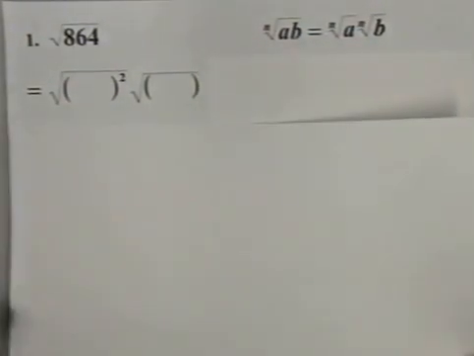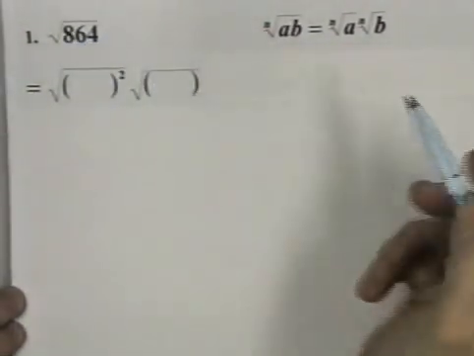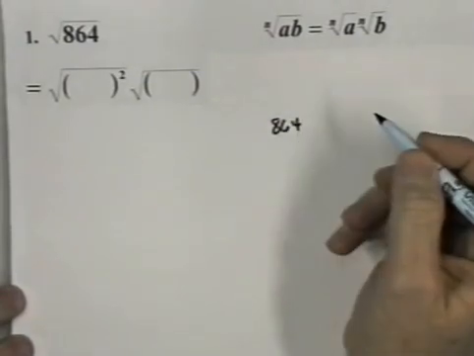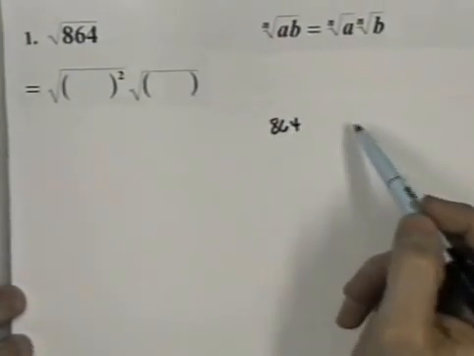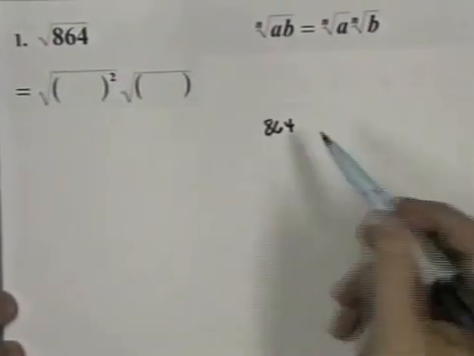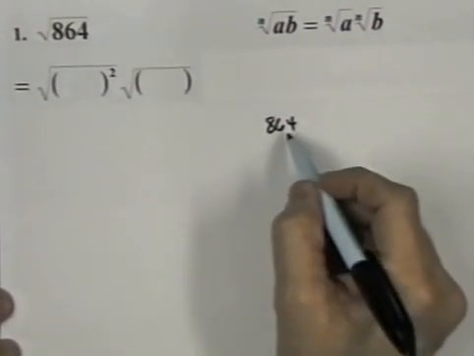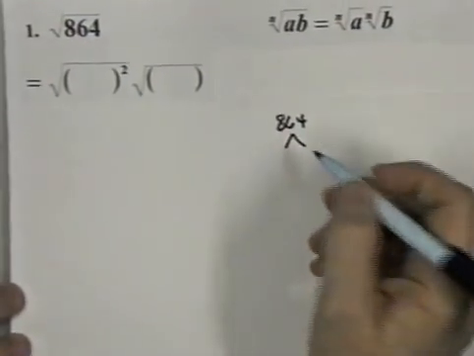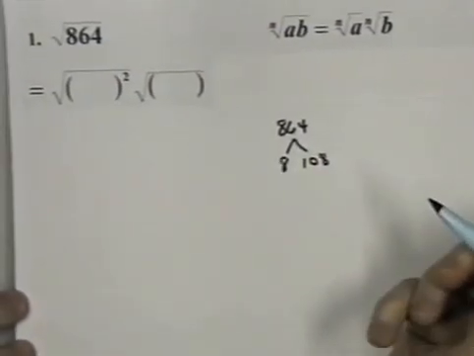And it might require that you do a little factoring off to the side to come up with that. You may have to take 864 and divide it out into its prime factors to come up with that. But however you might do it, I'll write it down just in a factor tree. 8 and 108 occurs to me.